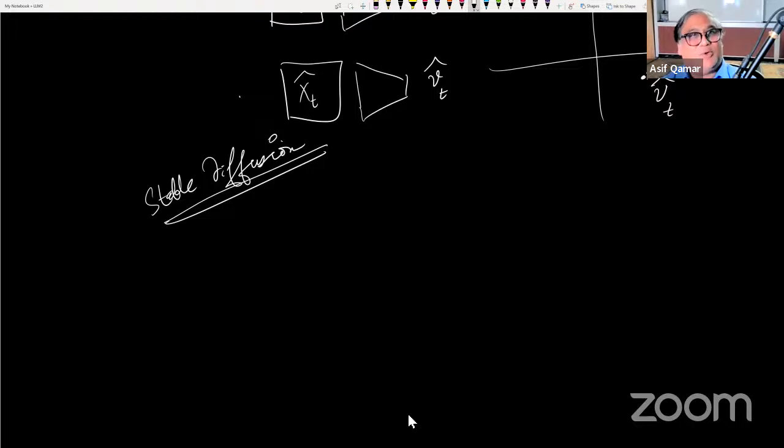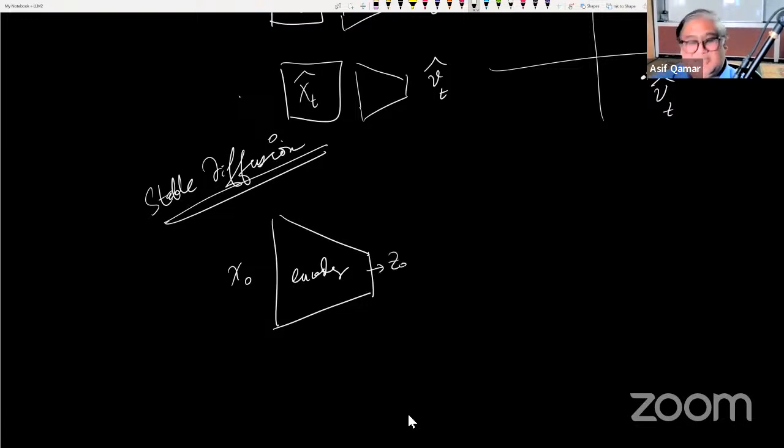Remember, we say that the whole point of representation learning is to find the best representation of the input. So what is a good information extractor? Autoencoder, right? So what you do is you first put an encoder. Here is your X naught. It goes in to produce your Z naught, a latent representation.